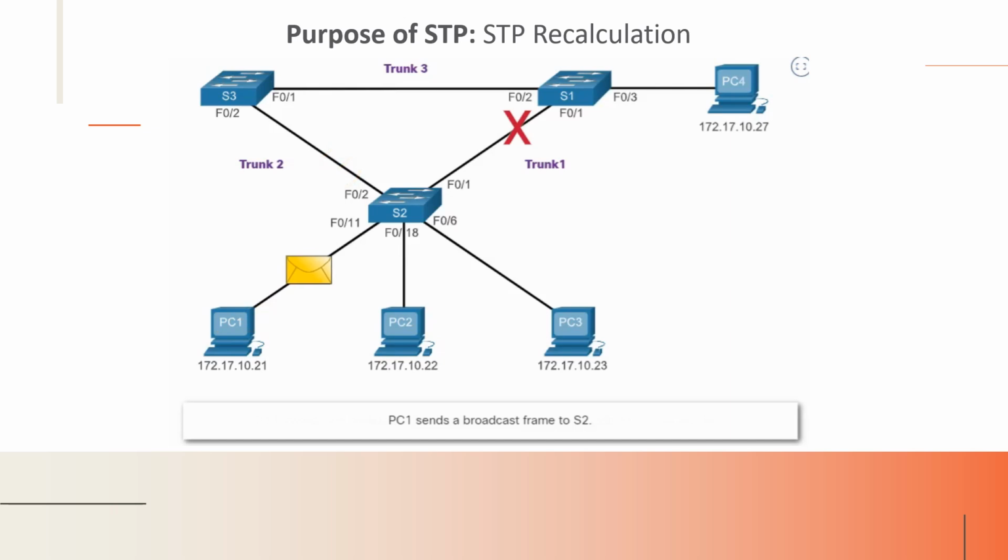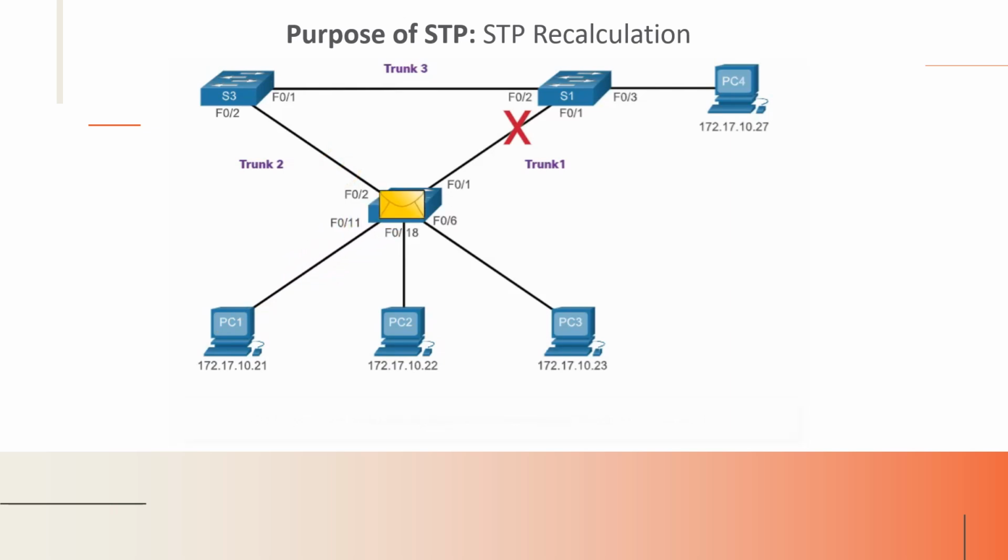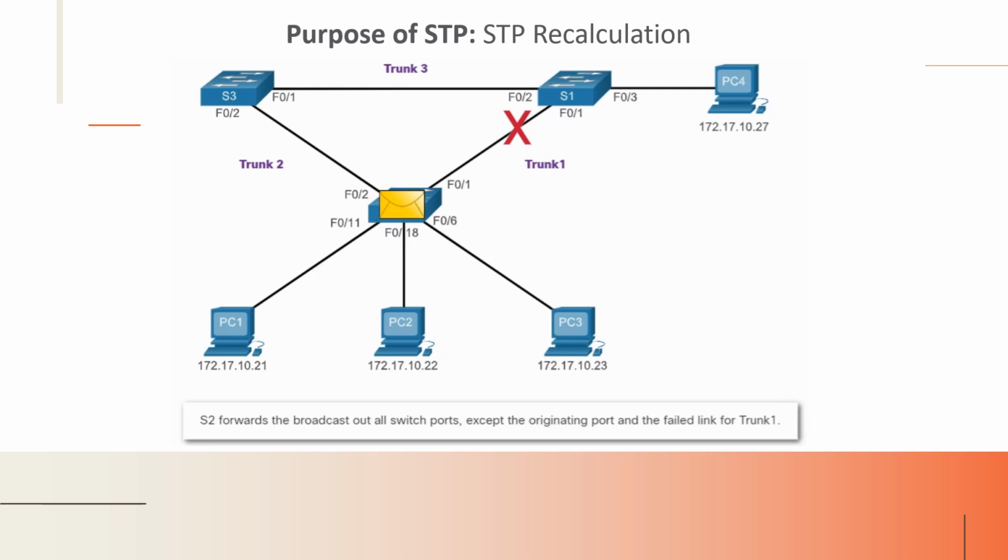So the spanning tree protocol will find another way to send the data to the destination. And remember that the loops happen in the layer 2 switch network.